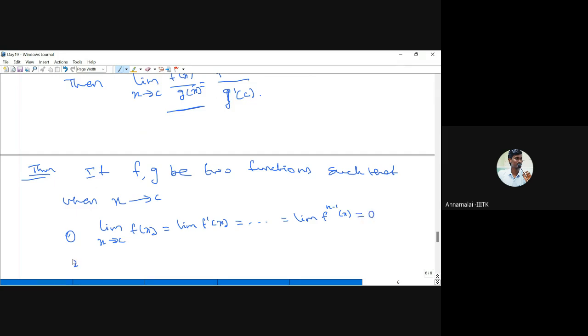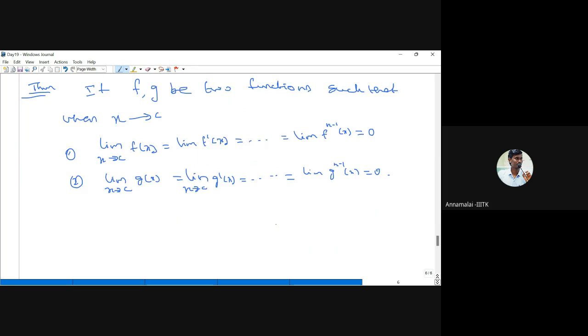Similarly for g: the limit as x goes to c of g of x is 0, g dash of x is 0, and so on, up to the (n minus 1)th derivative being 0.